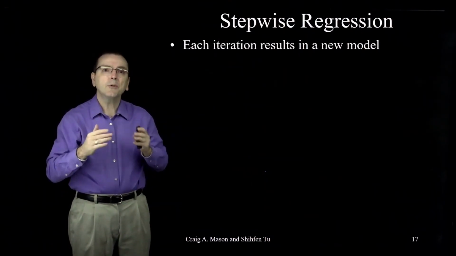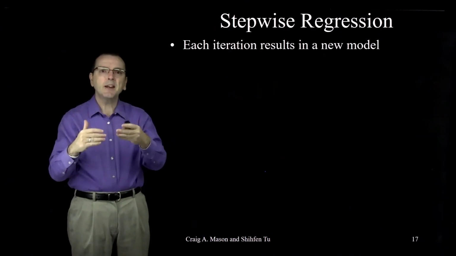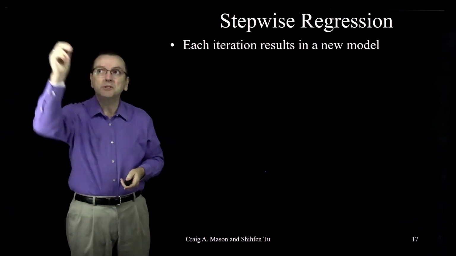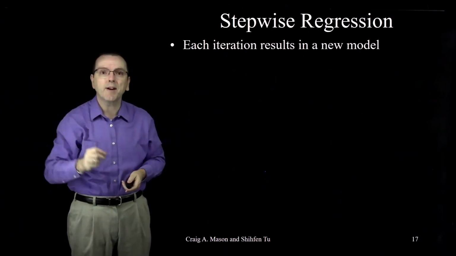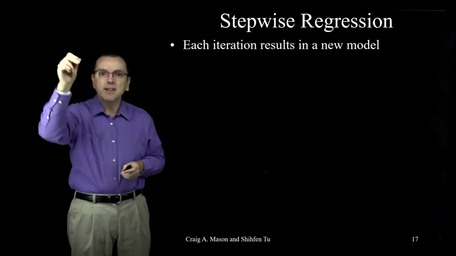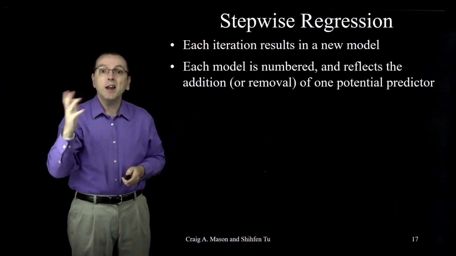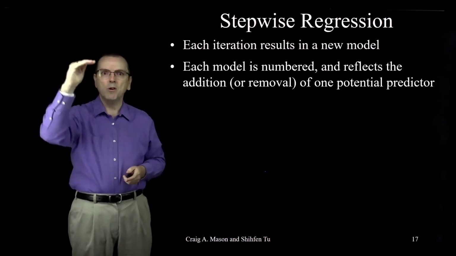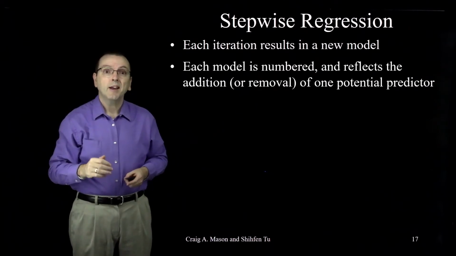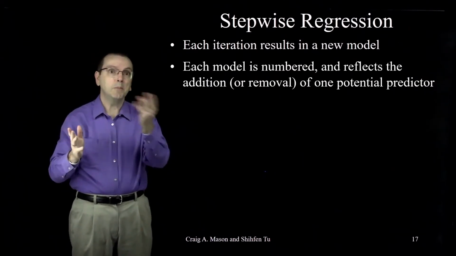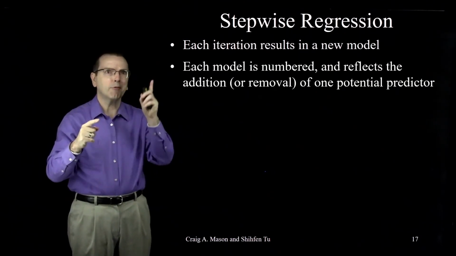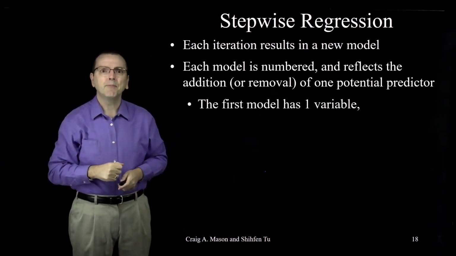Notice that each of these steps of the analysis results in a new model and a new set of analyses to compare those variables. In our output, we'll see that each of these iterative models are numbered, reflecting their order in the model building process, with each step reflecting the addition or removal of one variable to or from the regression model.